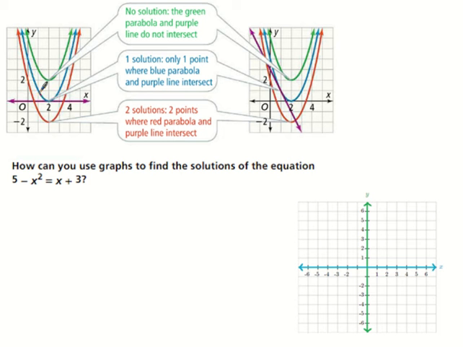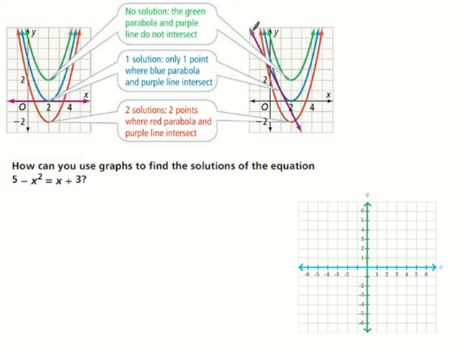If we used the blue parabola with the purple line, it's one solution because they cross in one place, right here at the parabola's vertex. And if we use the red parabola with the line, we would get two solutions because they cross at two places.